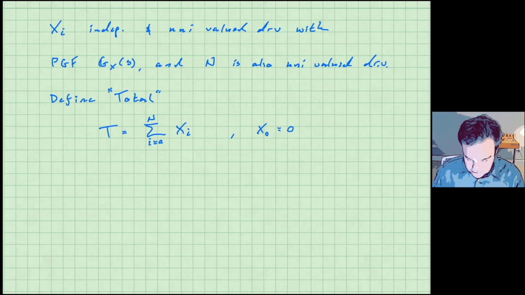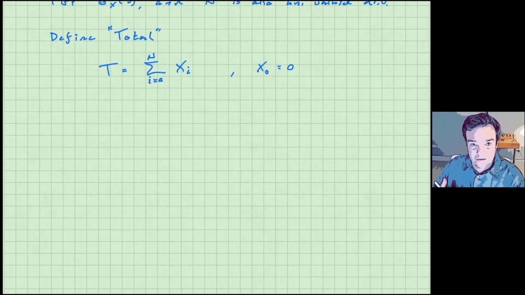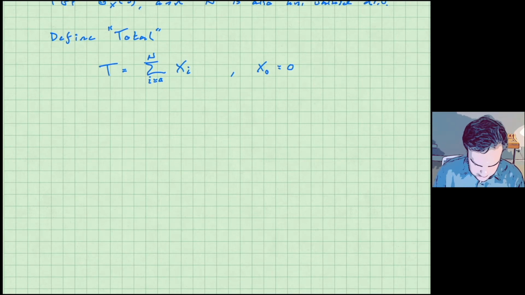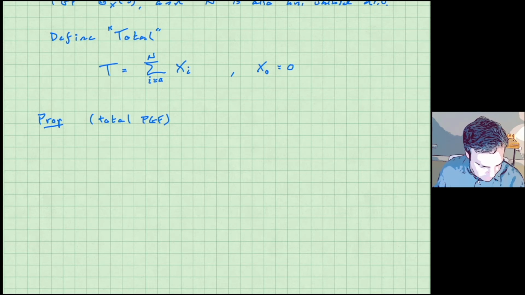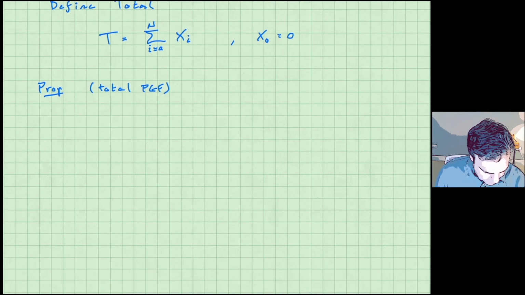Okay, so let's write out our proposition, what is important about this total. Then we're going to go ahead and use it. We aren't actually going to prove this. I'm going to call it the total probability generating function, though I don't think anyone would recognize this proposition by that name. We're going to say the following.